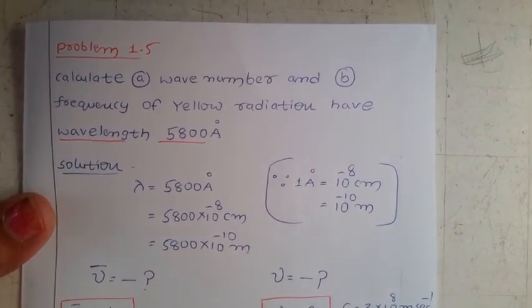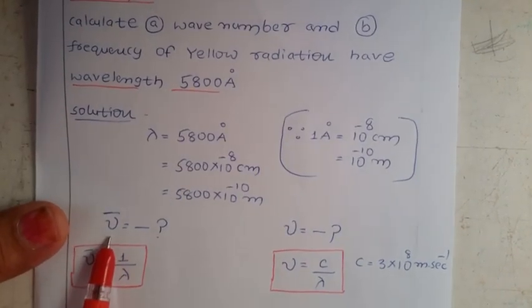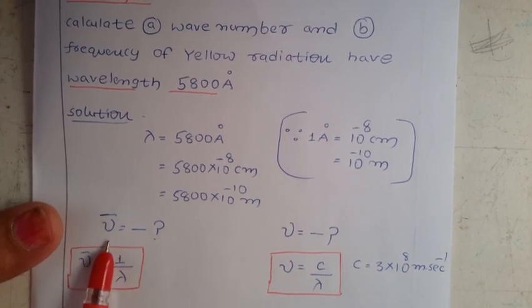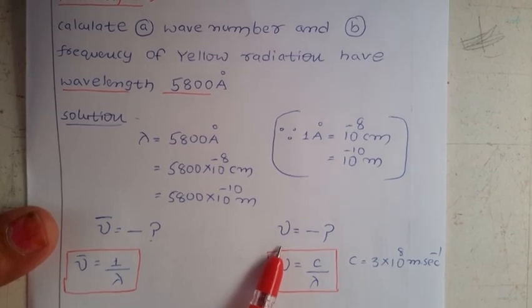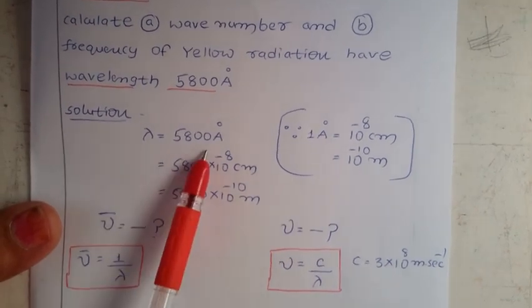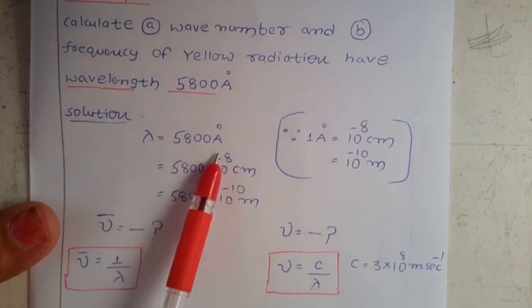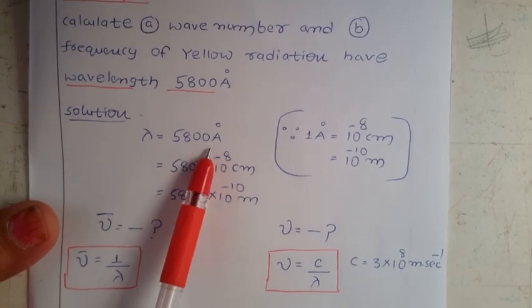For mu bar, the units are centimeter inverse or meter inverse. For frequency, we have second inverse or hertz. If you use lambda directly without any conversion, that is 5800 angstroms, you will get the units in angstroms.